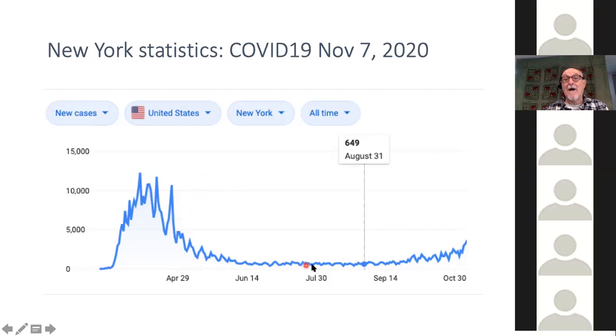A very big decrease. However, we went through summer, we evaded a second wave in summer, but we are in grave danger now. We are seeing an increase. People are tired. They're tired of wearing masks. They're tired of not going to restaurants. They're tired of not going to the bars.